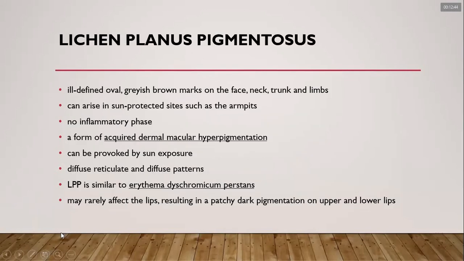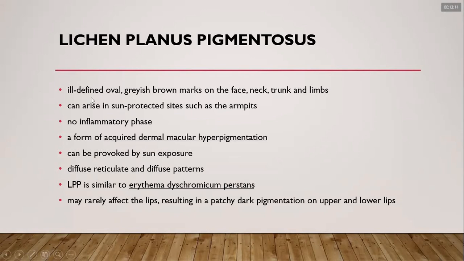Now the other common condition which has become very common nowadays is lichen planus pigmentosus, which is also known as ashy dermatosis or erythema dyschromicum perstans. Here, the patient presents with continuous and progressive pigmentation of mostly the sun-exposed parts of the skin.